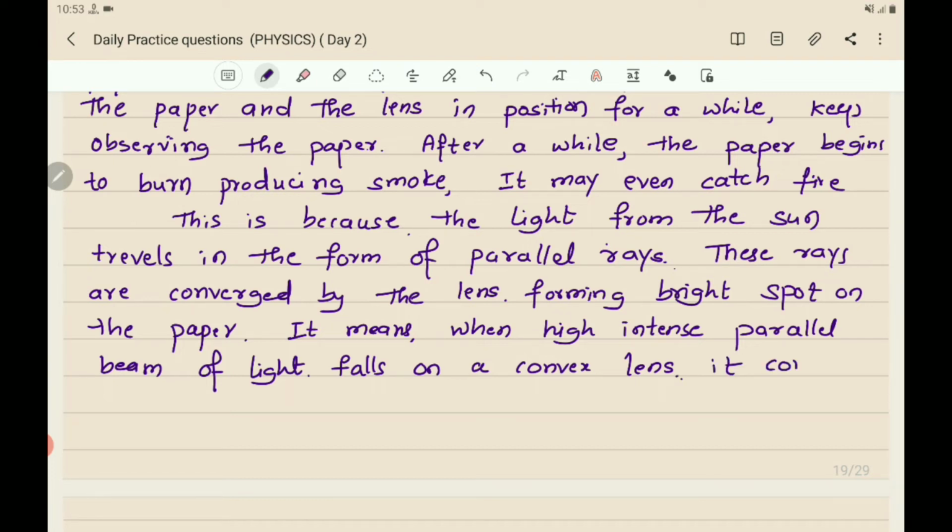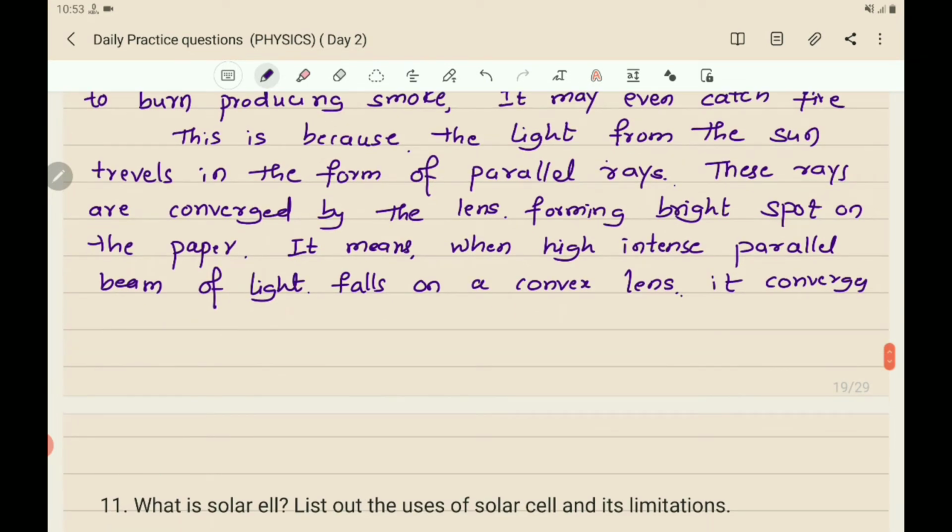It converges and meets at the focus on the other side of the lens.